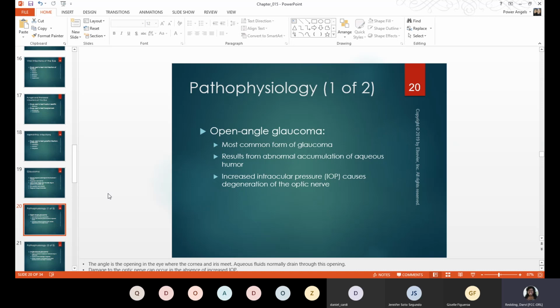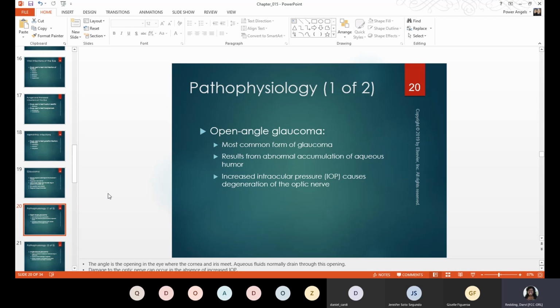The angle is the opening in the eye where the cornea and the iris meet, and the aqueous fluid is normally drained through this opening. Now, the pathophysiology of open angle glaucoma is that damage to the optic nerve can occur in the absence of an increased intraocular pressure.